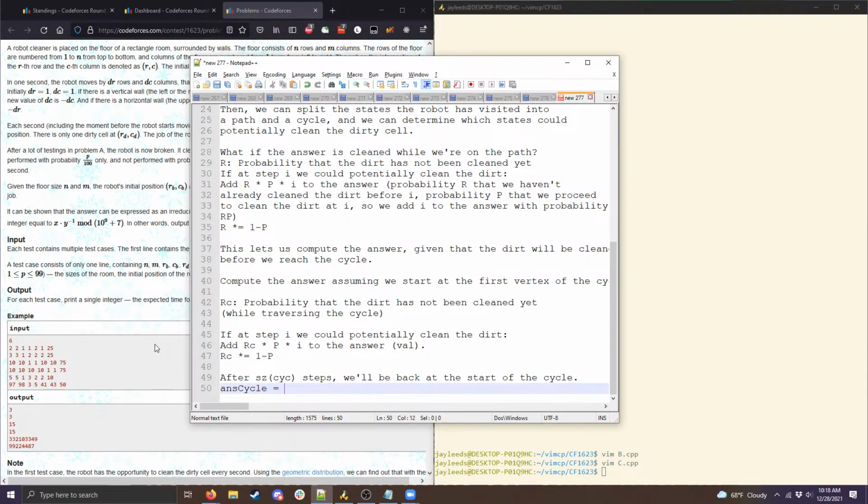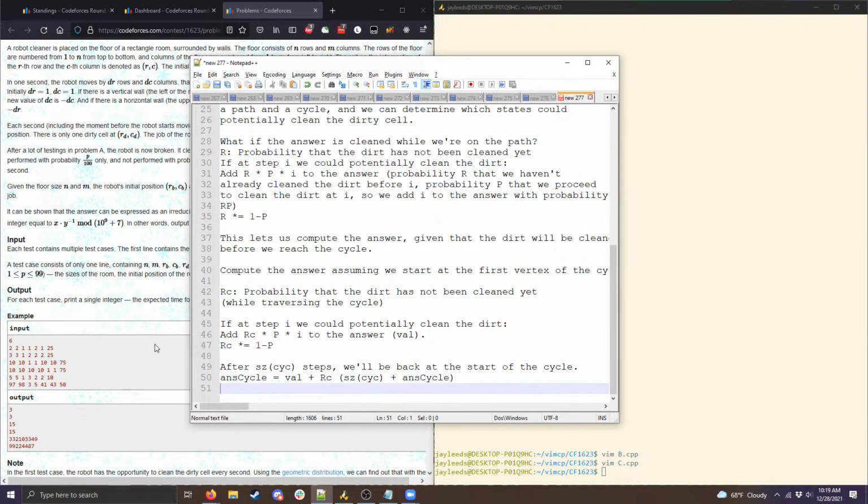So first of all, if we clean the dirt in the first loop around the cycle, then the contribution from that loop is val. But on the other hand, there's an RC probability that we go around the cycle, which takes size of cycle steps, and then the expected value of the number of steps it's going to take is the same as it was at the start, because we're back at the first vertex again. And so we add ans cycle.